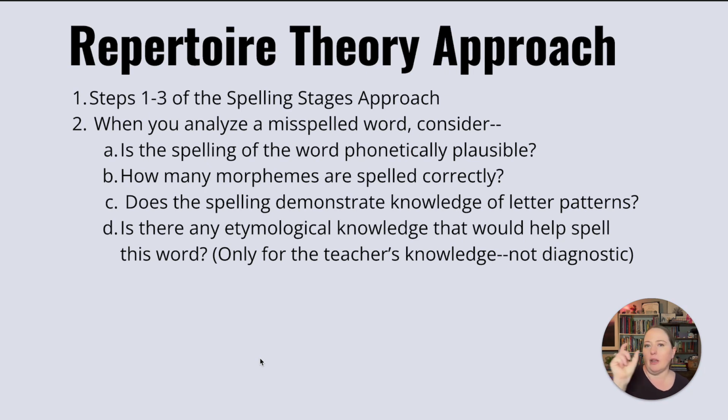Maybe they're spelling word parts correctly, just not all of the word parts correctly. Maybe they are showing that they know some letter patterns and rules, but not all of them. And then you're not really analyzing for etymology, because you don't know if they know the origin of the word, so it's not diagnostic that way. But it could be helpful to pull some of that in if some of the words they are misspelling would be supported by knowing that piece.